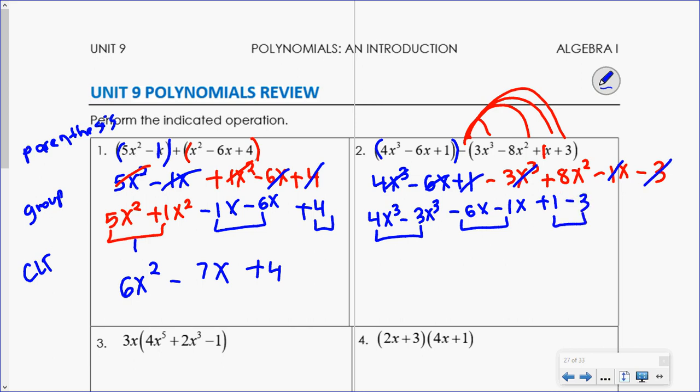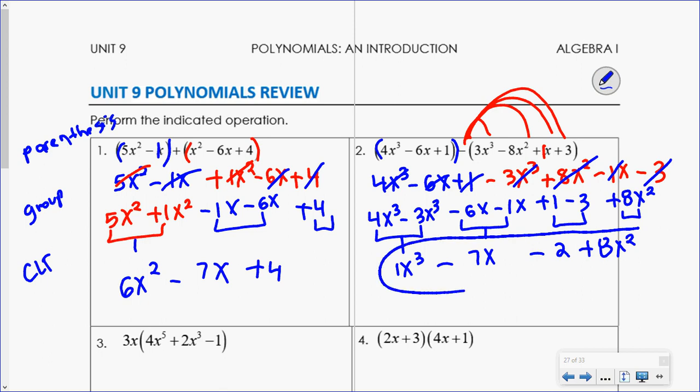Combine those coefficients. Lastly, I have positive 8x squared. It has nothing to pair with, so it's going to drop down. So I get 1x cubed minus 7x's minus 2 plus 8x squared. And there's my final answer, guys.